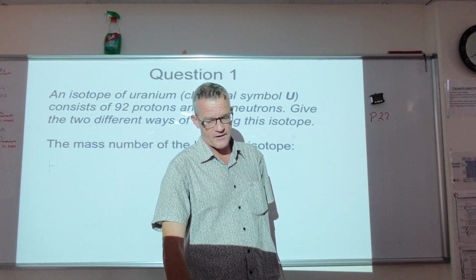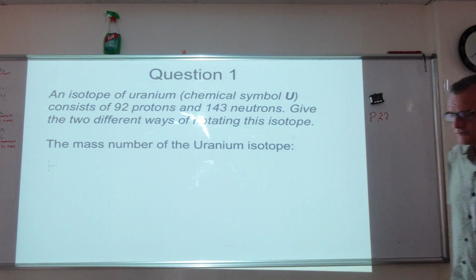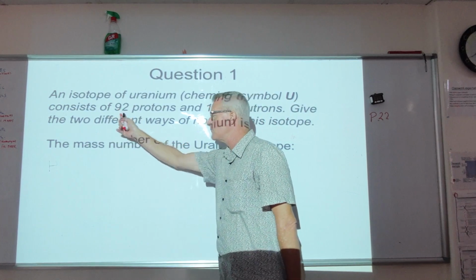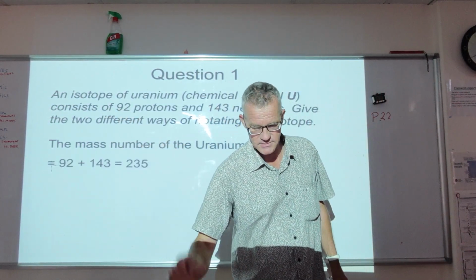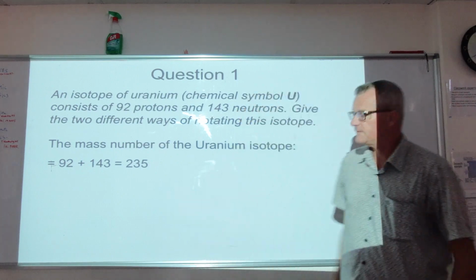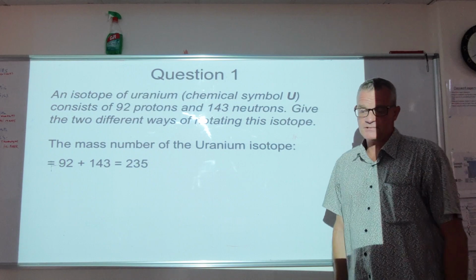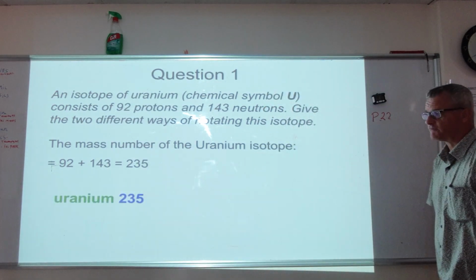Now we have to find the mass number of the uranium. And the mass number is the amount of protons and neutrons, which makes it 235. So we can denote this element as uranium 235.